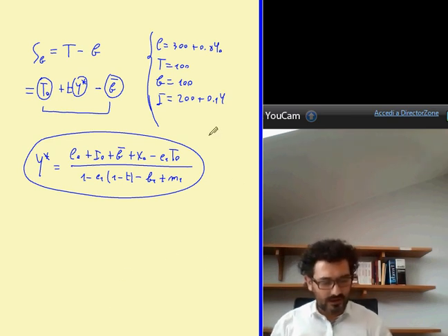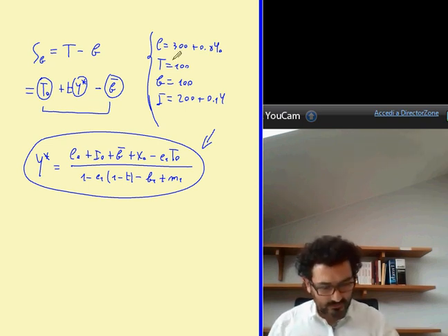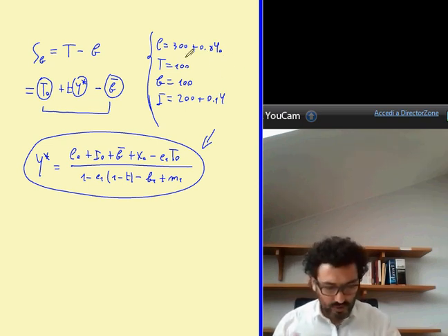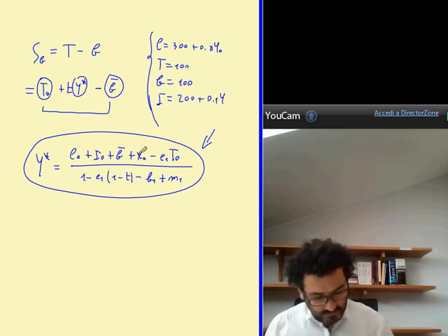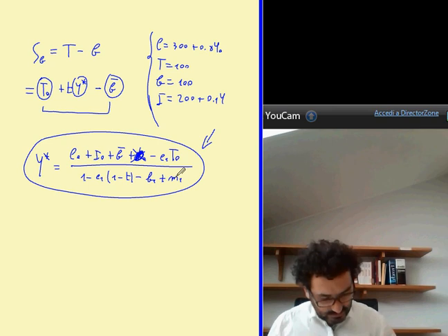How can you adapt this equation? It's very simple. You have to know that it's a closed economy, so there is no export, you can delete this part, and no import, so you can delete this coefficient and 1.